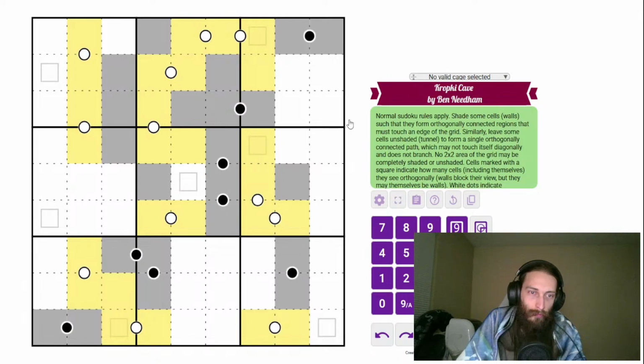And does not connect diagonally between boxes 4 and 5. It cannot touch itself diagonally.